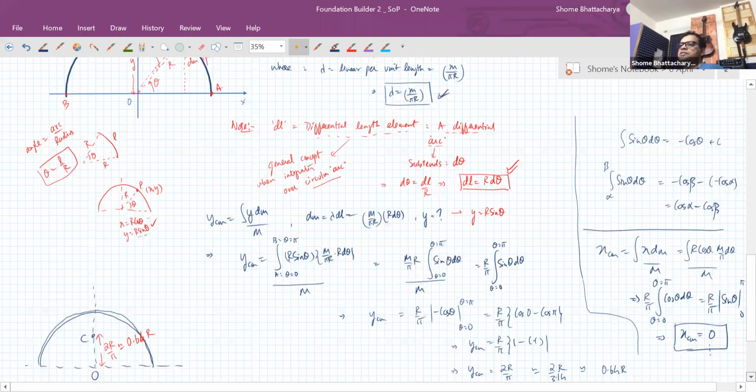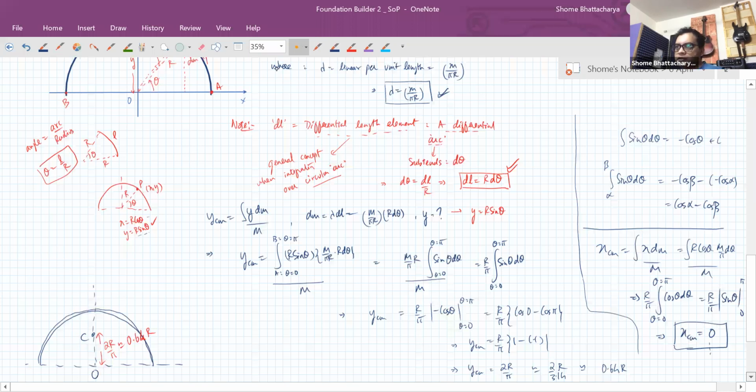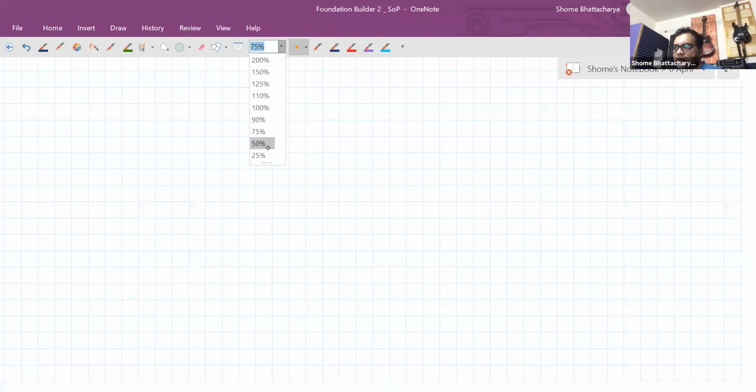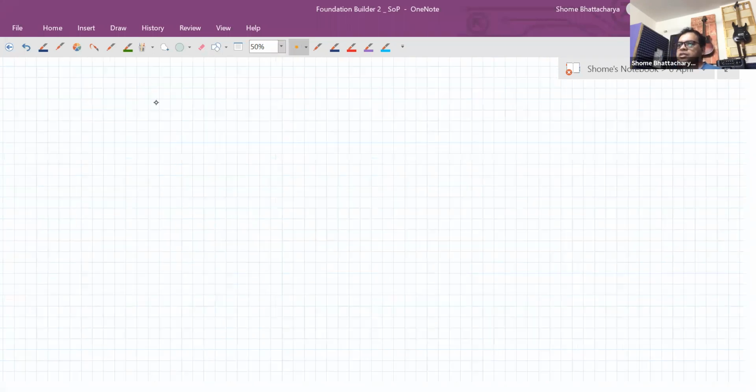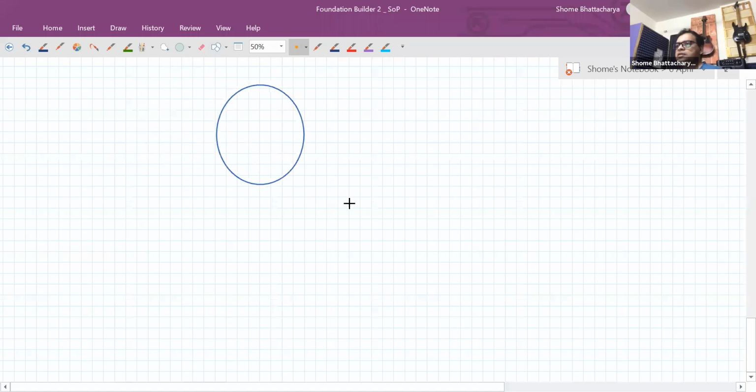Now through this formula, sir, had this been symmetric to the x-axis, then its y component of center of mass would be 0. Yes, that's how it would be. Suppose I have taken something like this, that my semi ring is placed like this. Now it's placed like this.